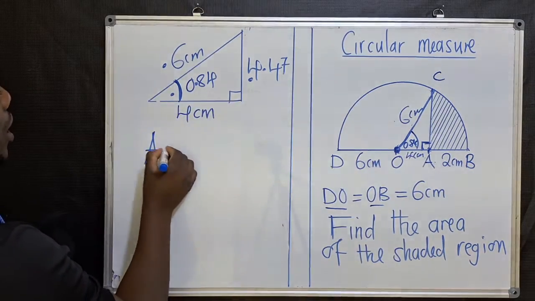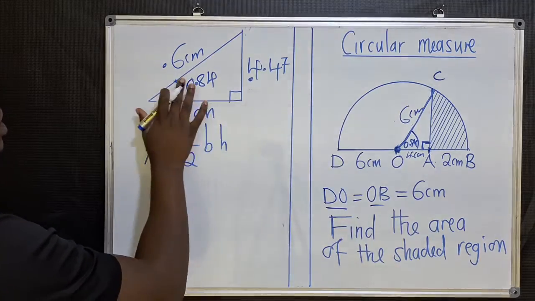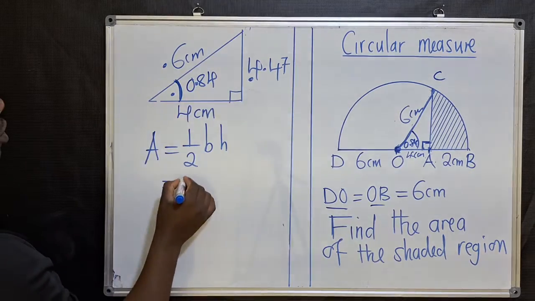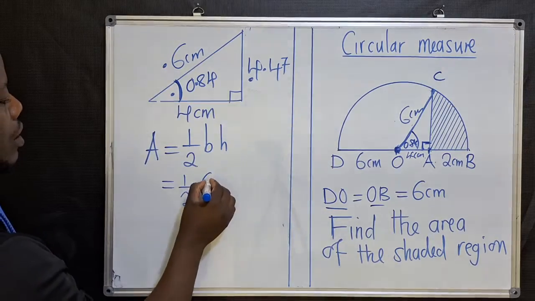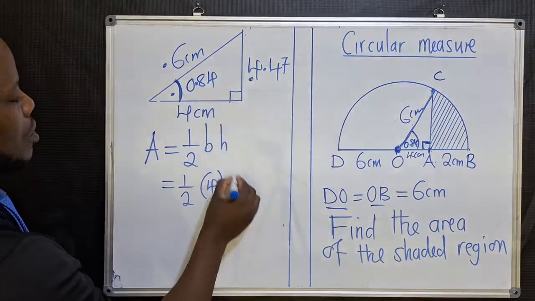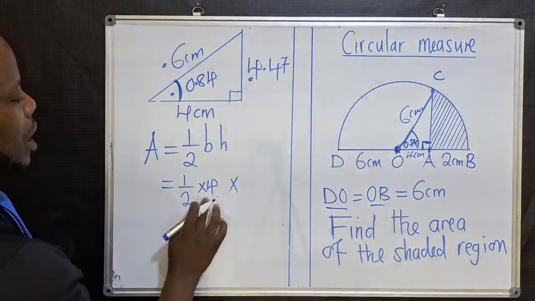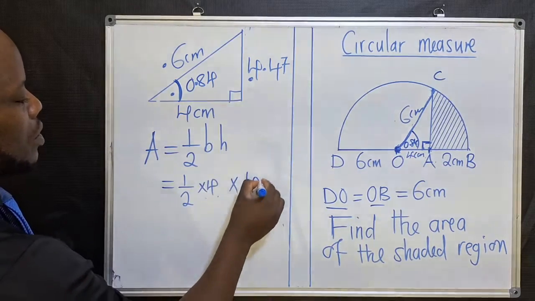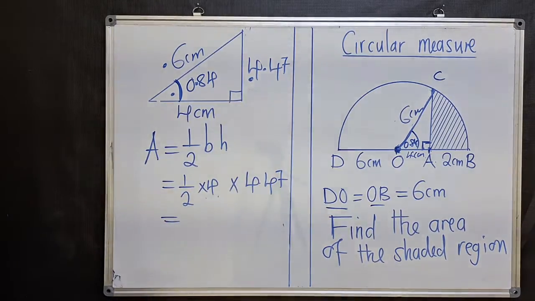We know that the area of the triangle is 1/2 b h, this right angle triangle. So what is my b? It's 4, times my height, which is 4.47. So we punch on our calculator 4 times 4.47.